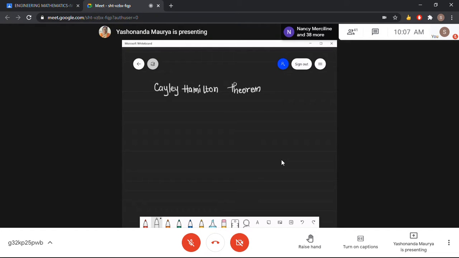What is the statement of this theorem? I'll start recording this. So what is the statement of the Cayley-Hamilton theorem?